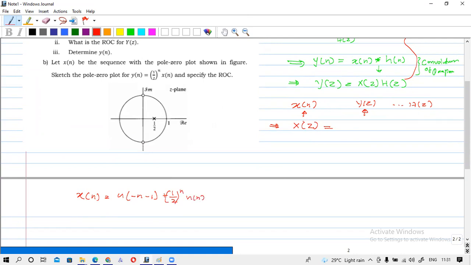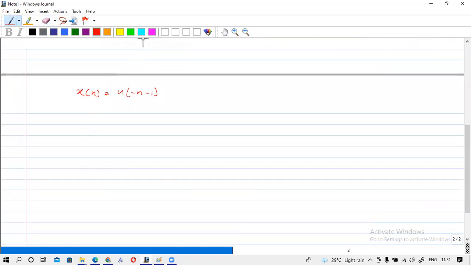So this is u, and this will be (1/2)^n u[n]. So x[n] is u[-n-1] plus (1/2)^n u[n].